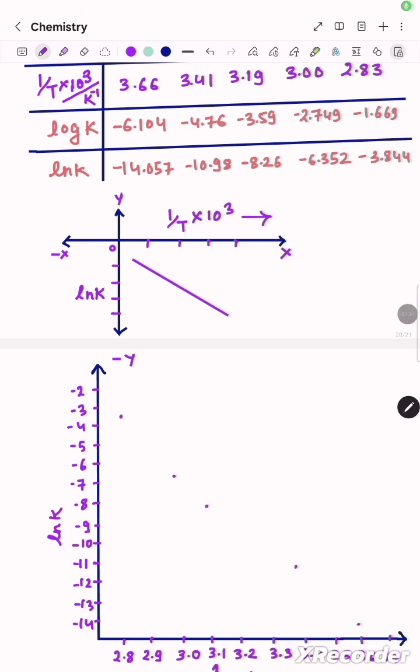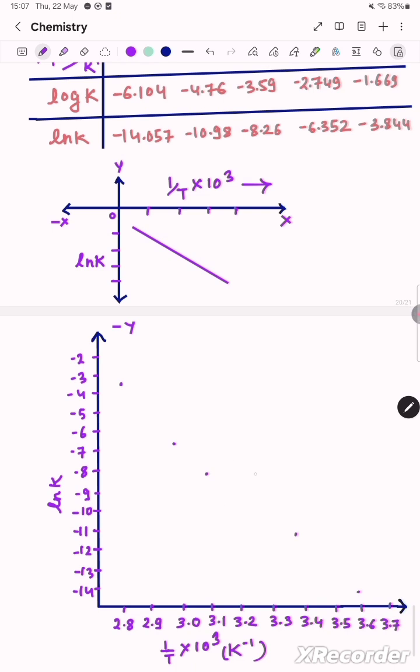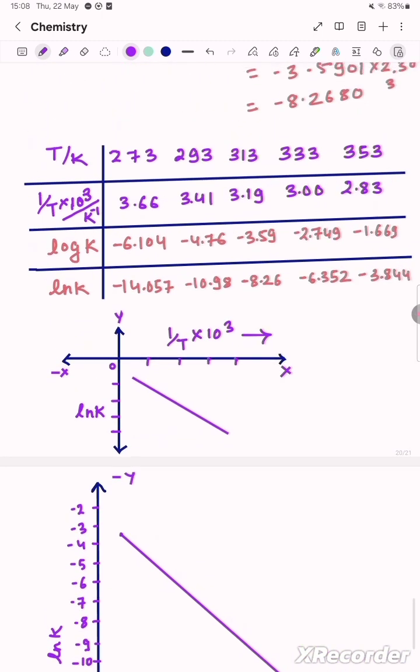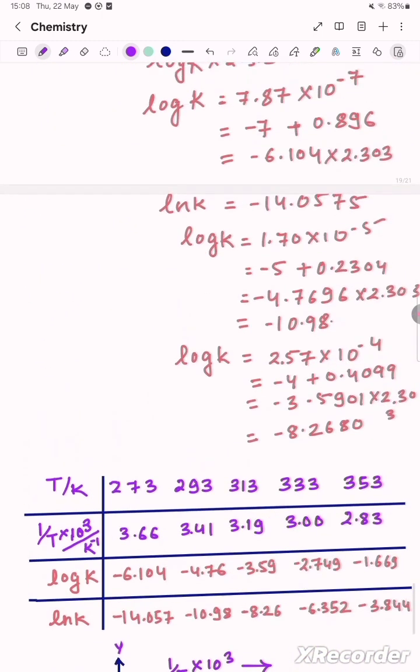Now this is how you will locate all the points on the graph, and after joining them, a straight line is found. So a straight line graph is obtained.